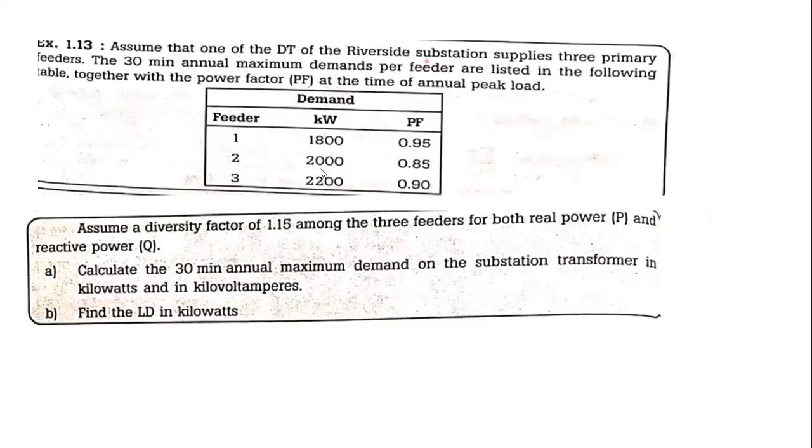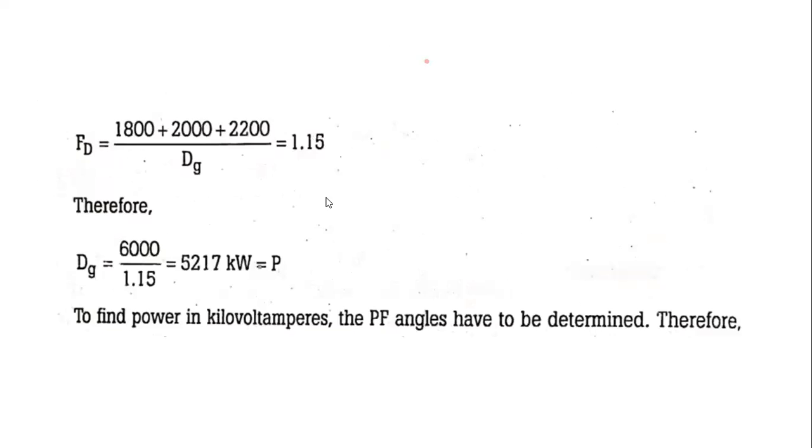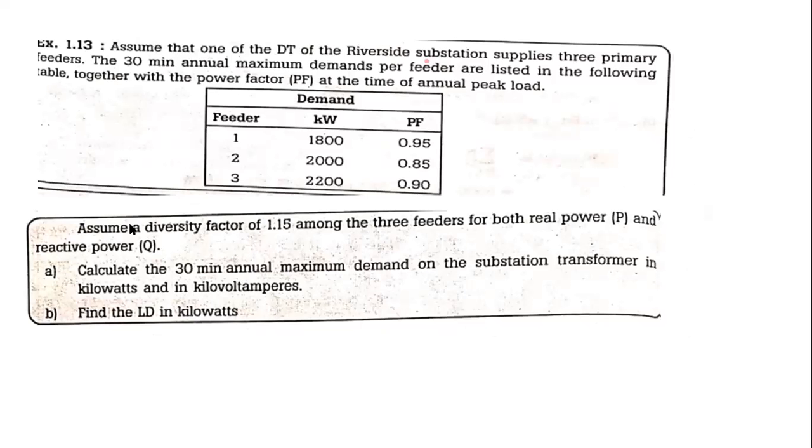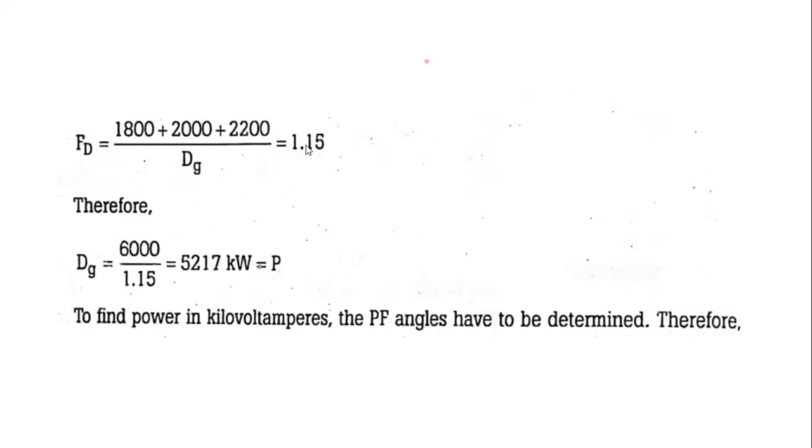The diversity factor FD is equal to 1800 plus 2000 plus 2200 divided by DC, and that is equal to 1.15.